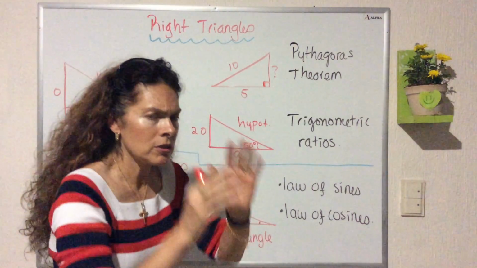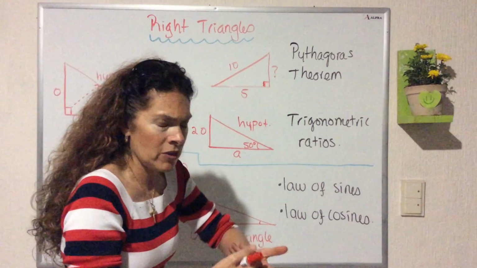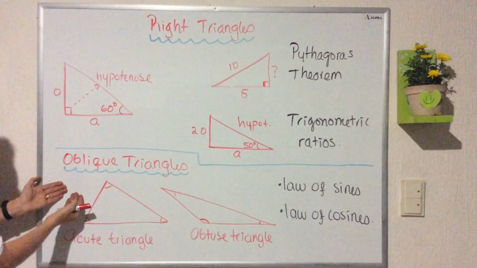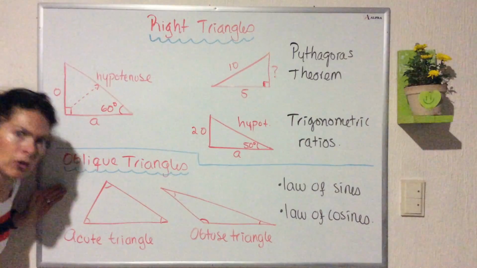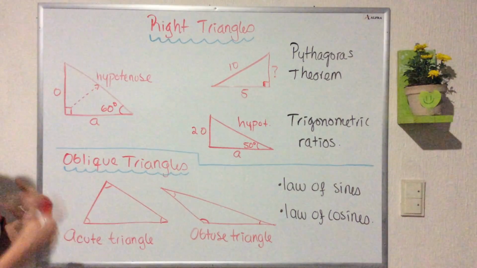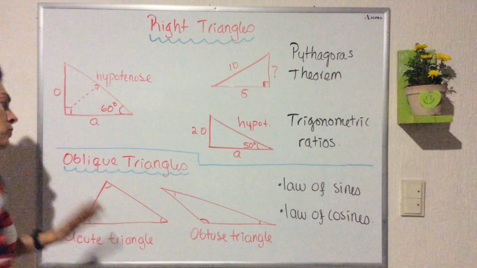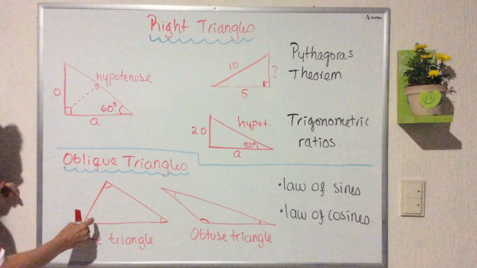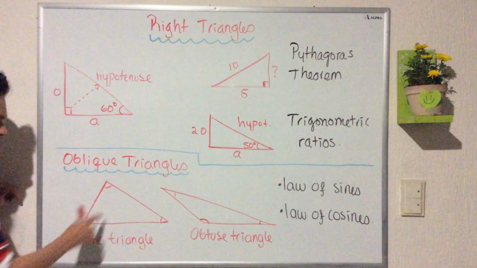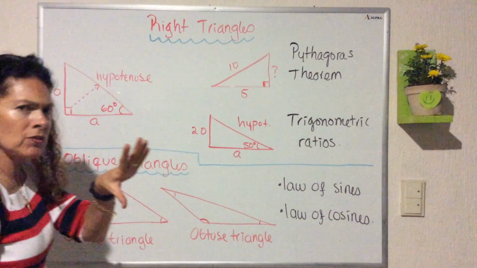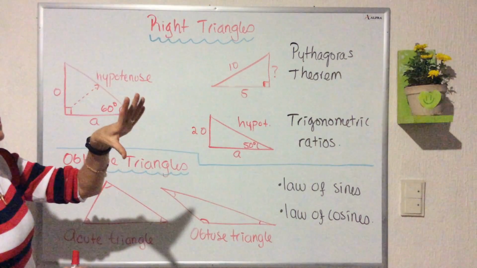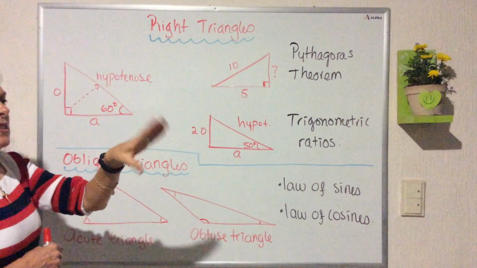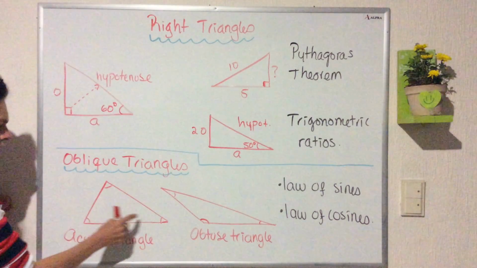And now, dear students, pay attention because you're going to learn something new: oblique triangles and how we're going to solve them, because later on we're going to solve some problems related to this kind of triangle, okay? We have the acute triangle, where we have just acute angles. Remember which is the acute angle? The one that is less than 90 degrees, as this, and this.